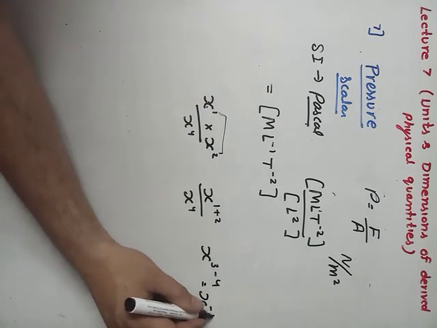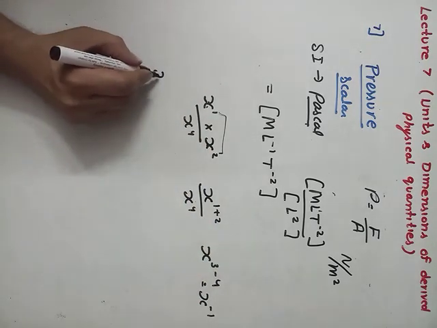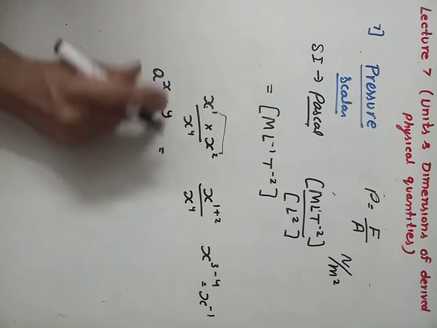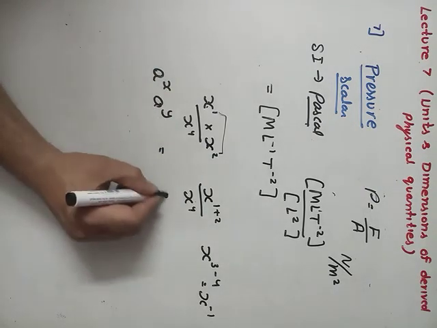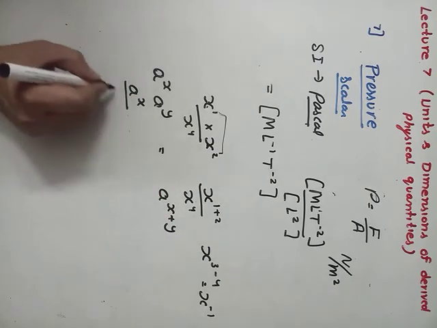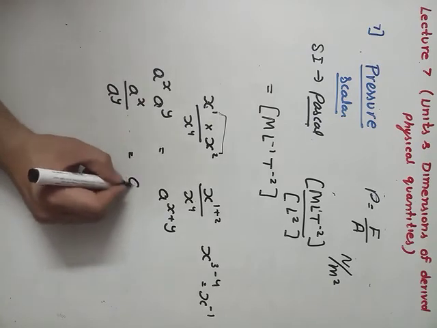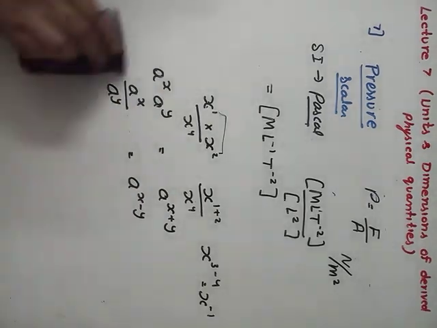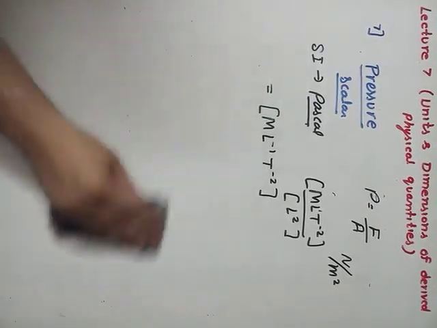Finally it is minus 1. This is the simple theory. Suppose we have a^x into a^y, we get a^(x+y), and if we have a^x upon a^y, we get a^(x-y). A simple theory of division and product. I think all of you are aware of it.